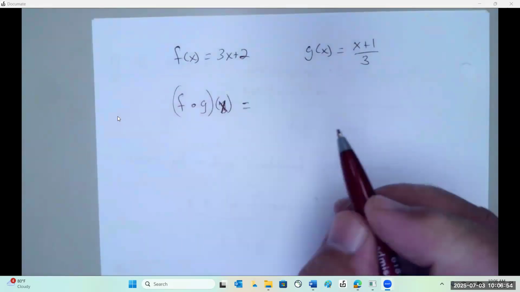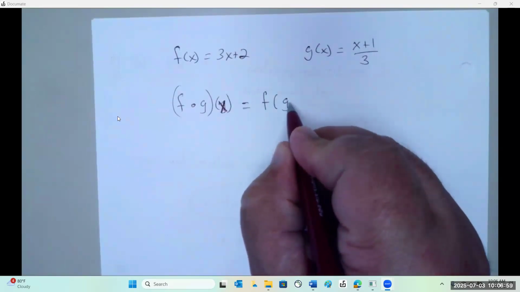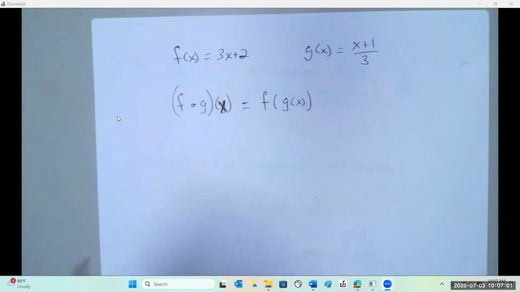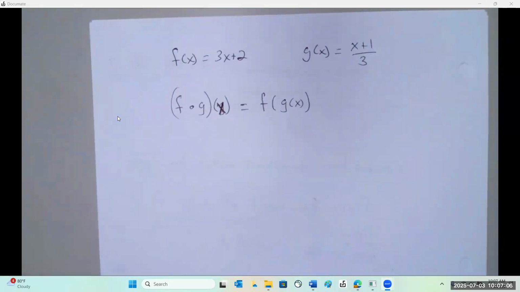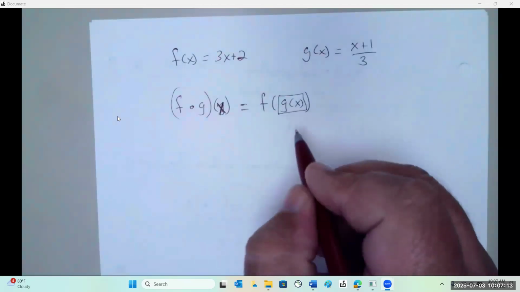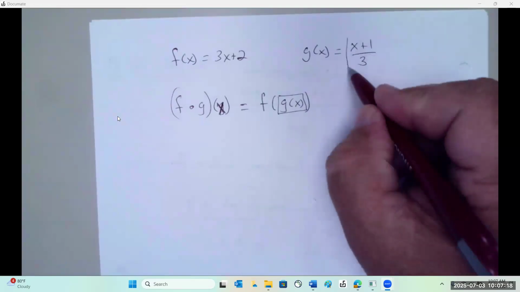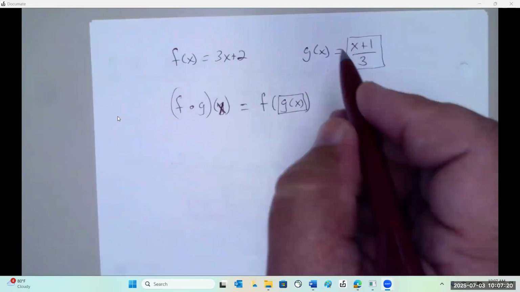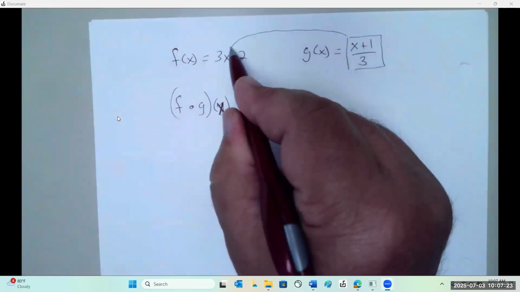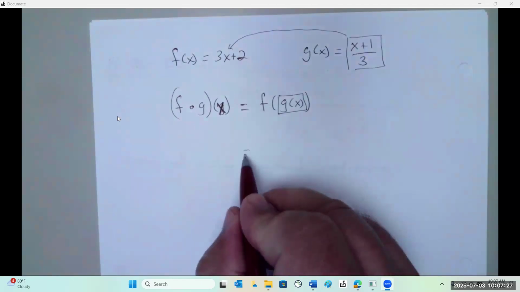So what this one says is f of g of x, where the outer function is f, and the inner function is g of the variable x. Now, how would you interpret this? Right, so we take the equation of g and put it inside the x values of the f function. Anywhere we see an x in f, plug that in there.